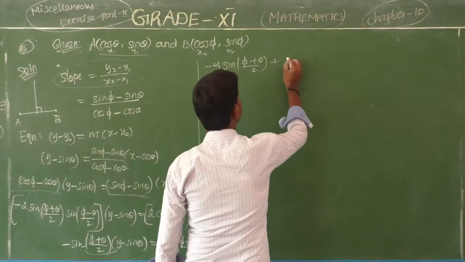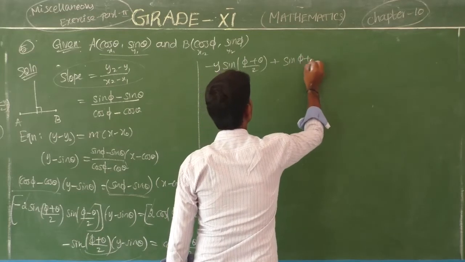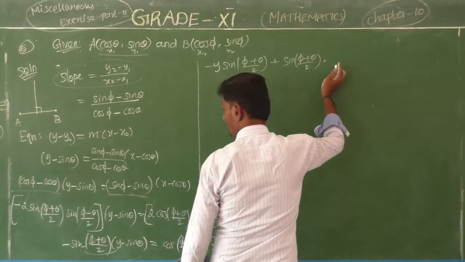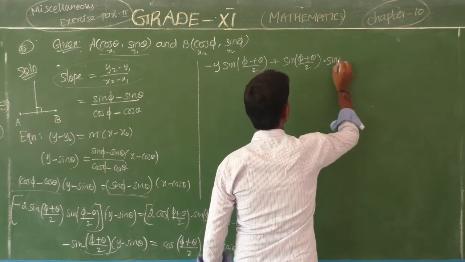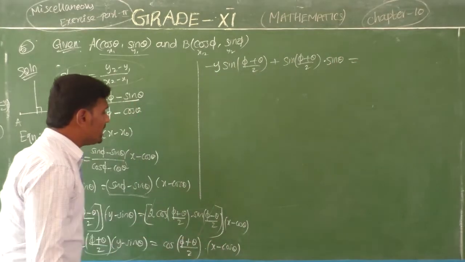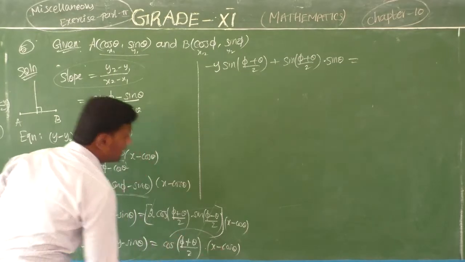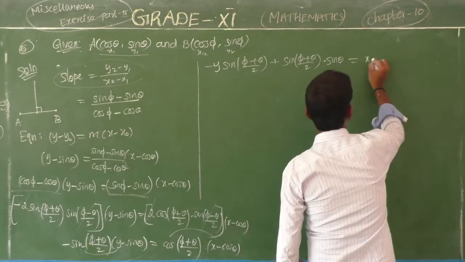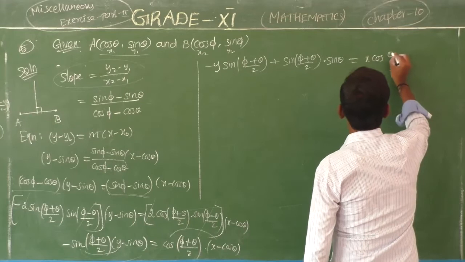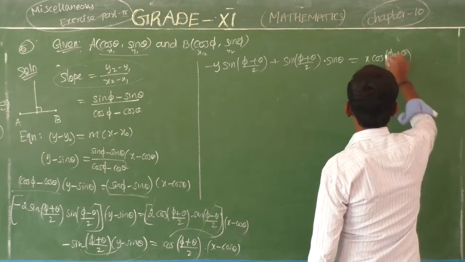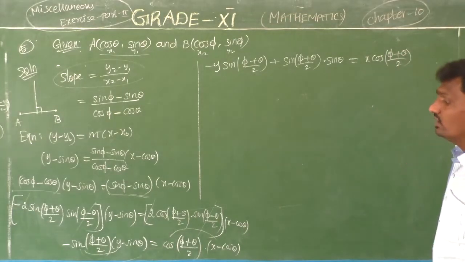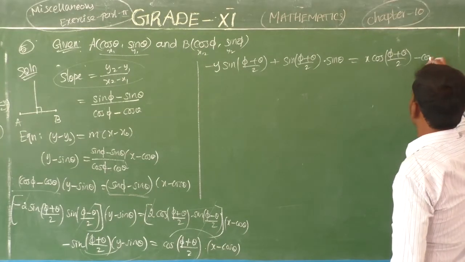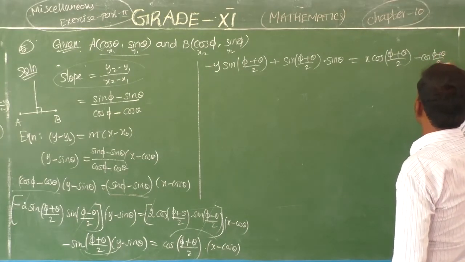Plus sin of phi plus theta by 2 into sin theta, which is equal to, here also I am going to multiply inside the bracket: x into cos of phi plus theta by 2, then minus cos of phi plus theta by 2 into cos theta.